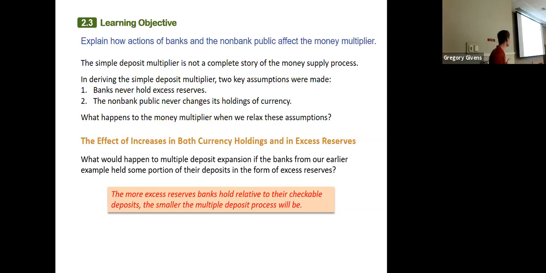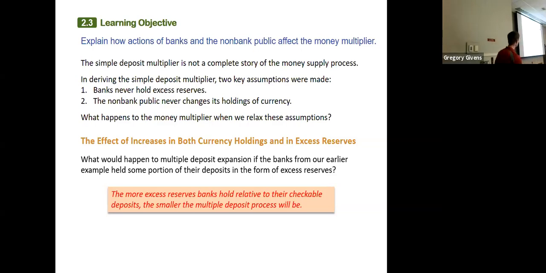And so this is simply because the more excess reserves that banks elect to hold relative to their checkable deposits, the smaller the deposit multiplier will be, right? Funds that are held as reserves at banks are not subject to deposit creation. A bank has to loan out that money to other people in order for more deposits and loans to be created.